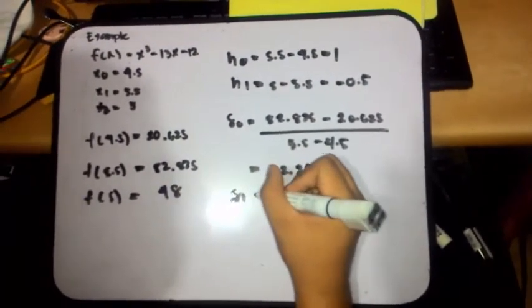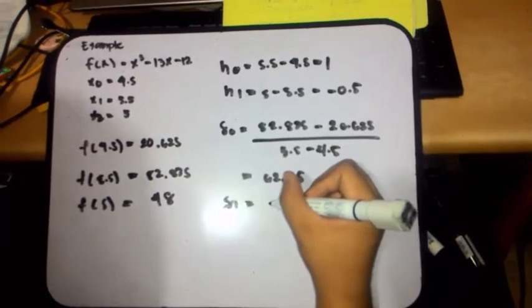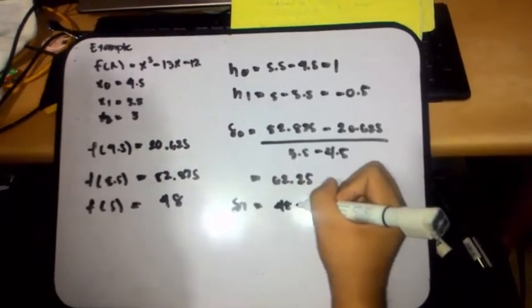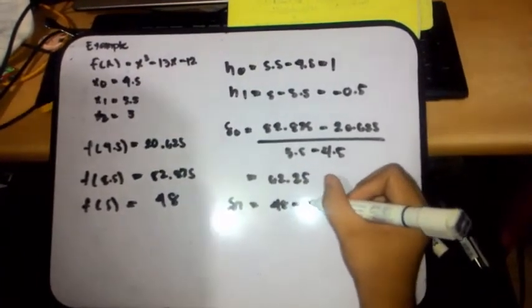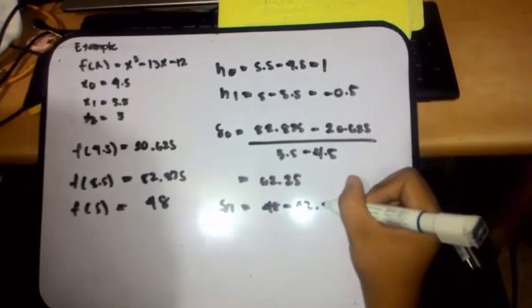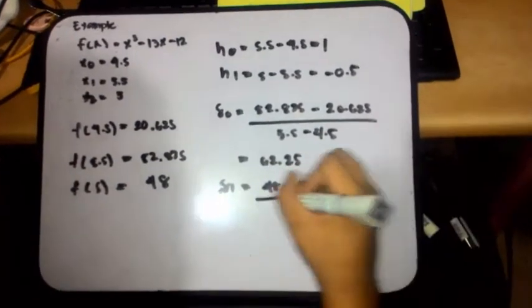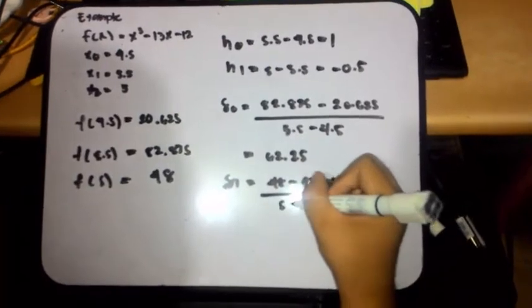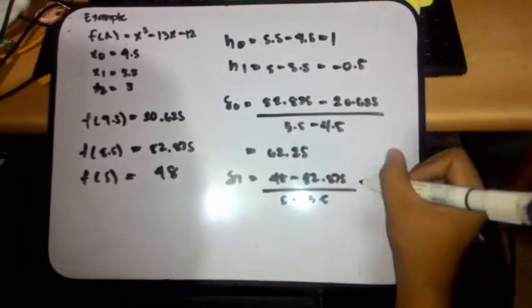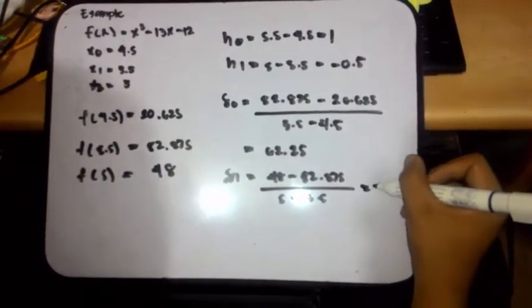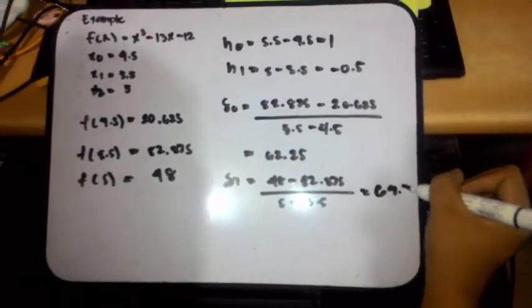Now we will calculate our delta 1. Delta 1 is equal to 48 minus 82.875 over 5 minus 5.5, which is equal to 69.75.